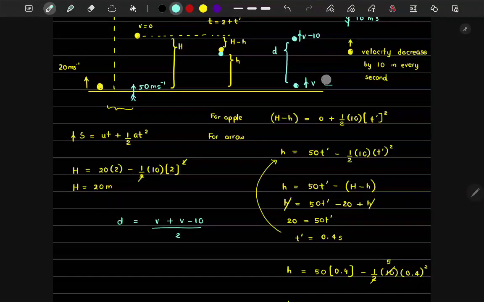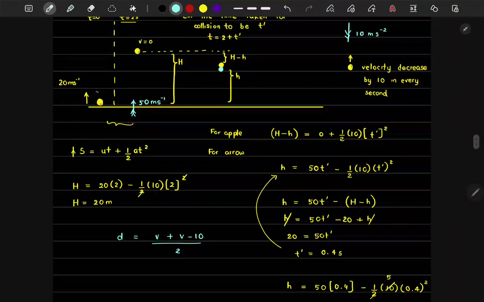There is a pattern here. For this motion, the distance that it moved during the first second would be 15 meters because 20 decreases to 10. Then another 5 meters when it decreases to 0.